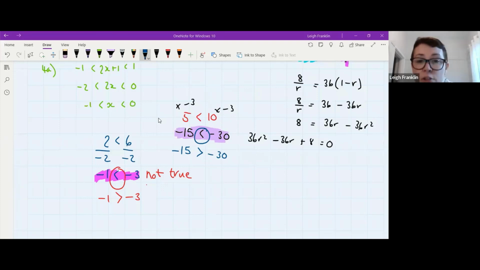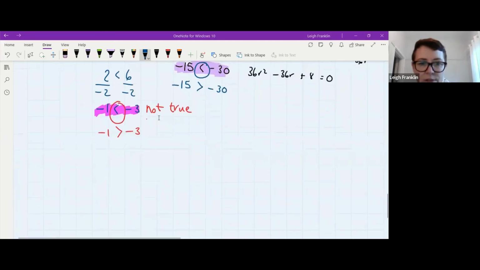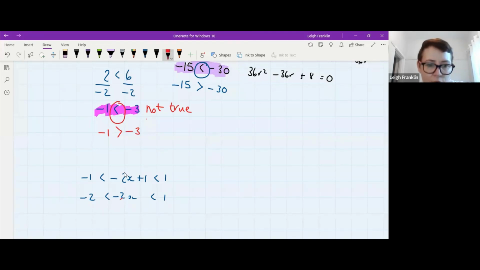The other thing that you need to be aware of, sorry, we're really rushing this, is let's say you had -2x plus 1, and that was greater than -1 and smaller than 1. Now you take your ones away. So now you've got -2 is greater than -2x, and over here you've got 0. Now you're going to divide through by -2.